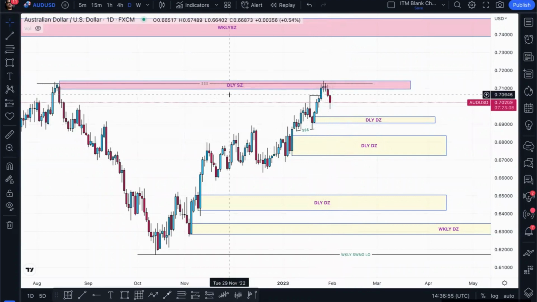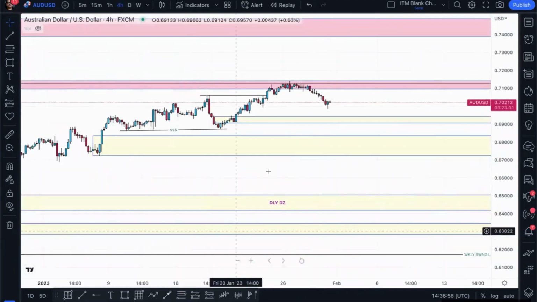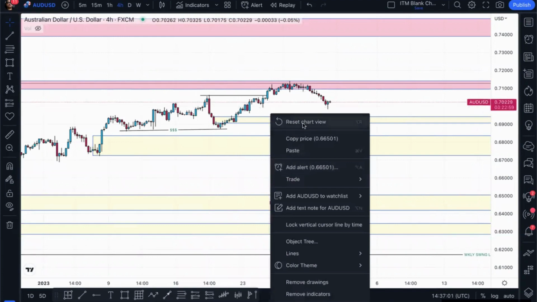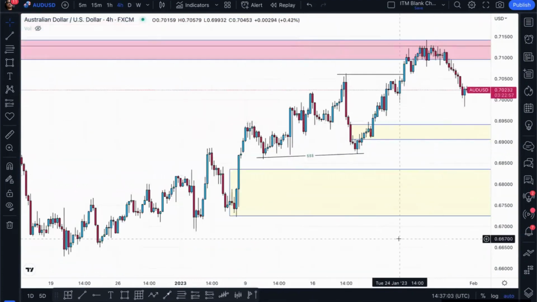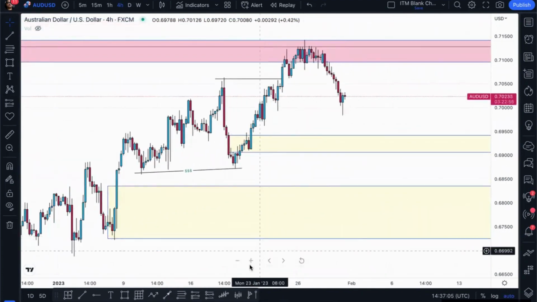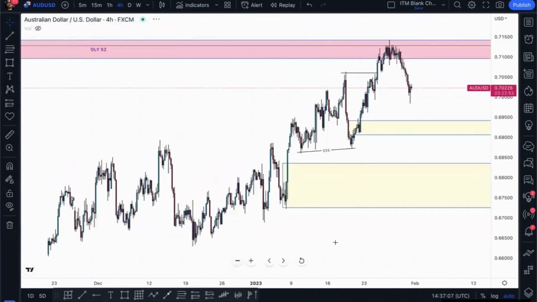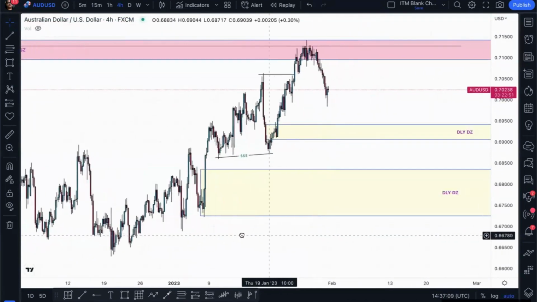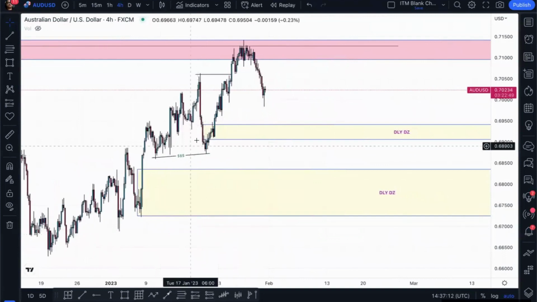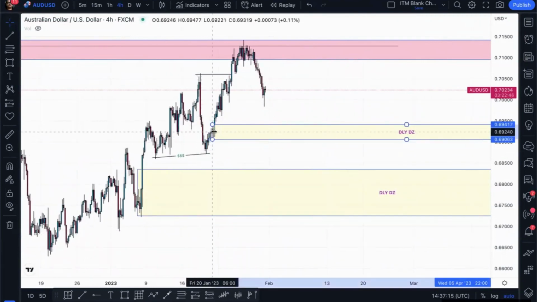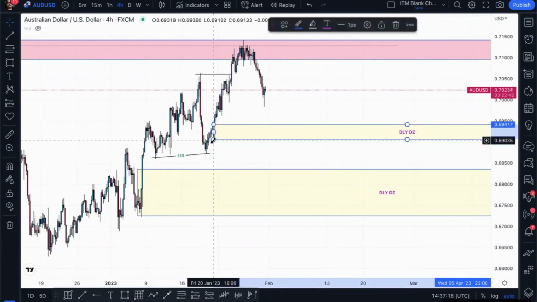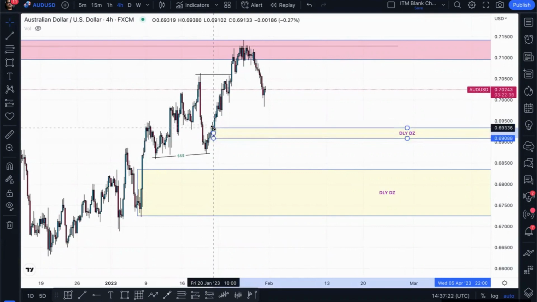Now let's move to the 4-hour time frame. In this 4-hour time frame, we can see the zones we created in the daily time frame are also valid zones. Bear with me, this was our daily zone, and this zone I can simply bring here. Okay, that's it.